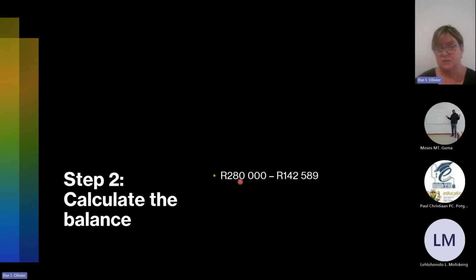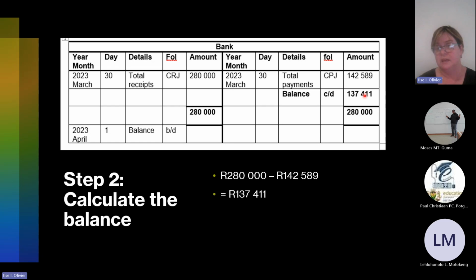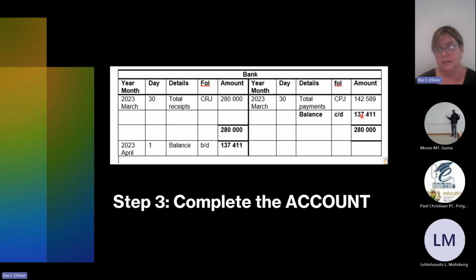We subtract the smallest one from the biggest one to see how much is left. 137,411 Rand was left. And we write it there in balance carried down. What do we do next? We take that amount down to balance brought down. So always check the side that has the most, subtract the side that's the least from it, write in the difference and put it in your balance amounts.